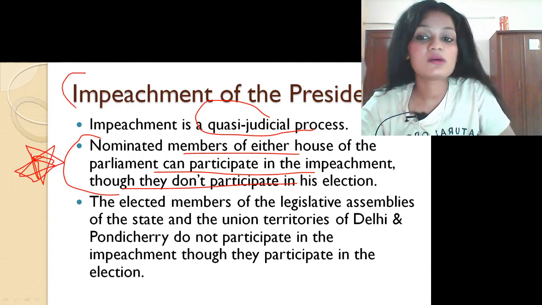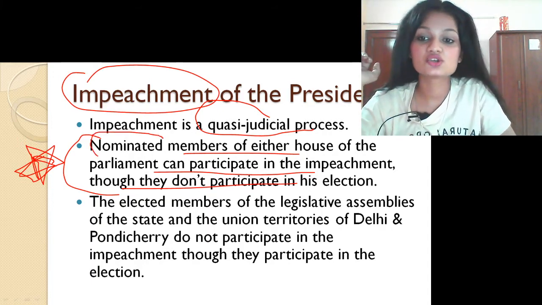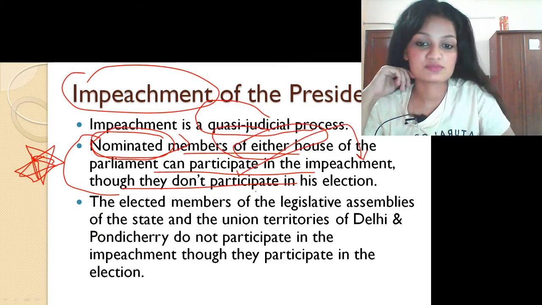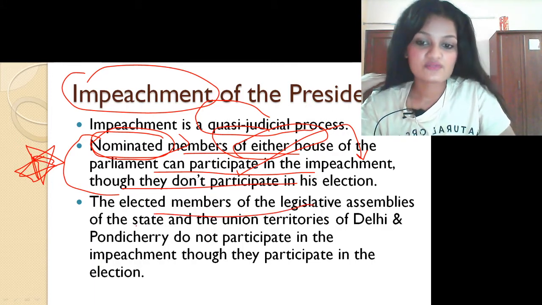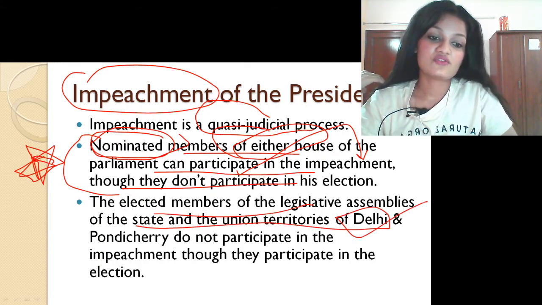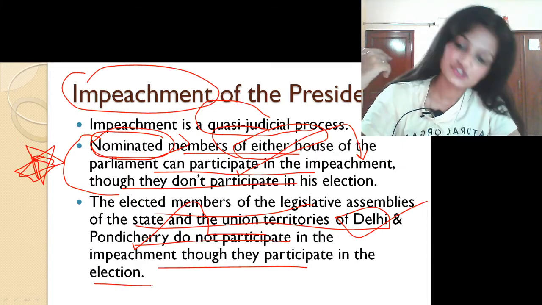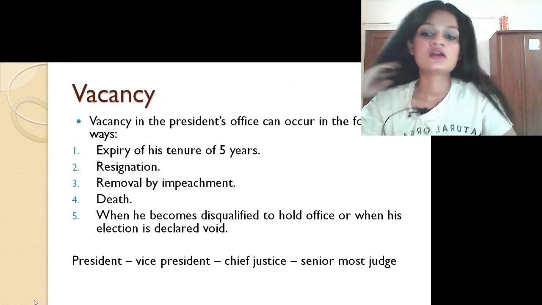But when the president is being impeached, the nominated members of either house of the parliament can participate in the impeachment. The elected members of the legislative assemblies of the state and the union territories of Delhi and Pondicherry do not participate in the impeachment, though they participate in the election. So this is also something we have to keep in mind.